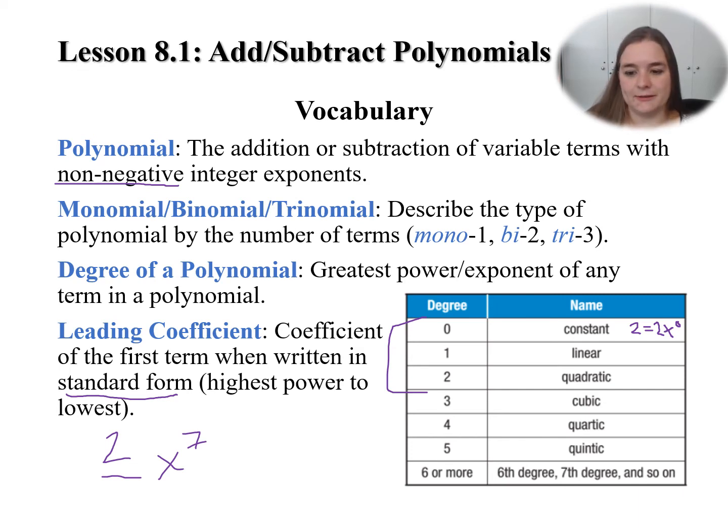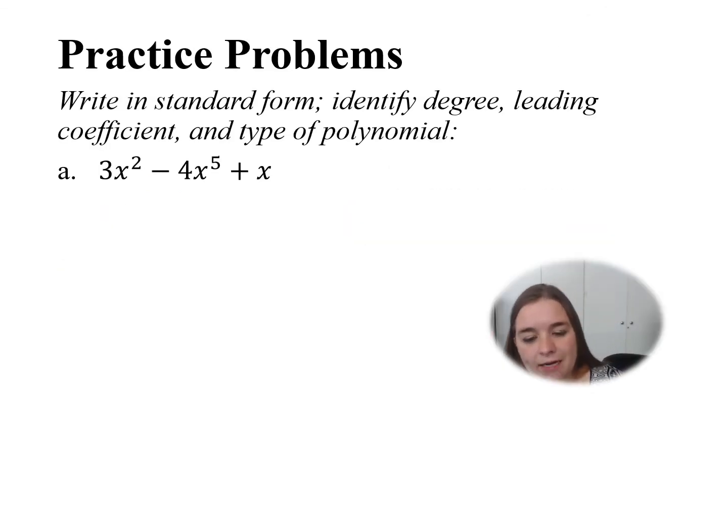So let's practice with this. What I have here is a polynomial, and I have to write it in standard form, identify the degree, the leading coefficient, and the type of polynomial. Standard form means that I need to order it so that I have the highest power first. When I see this, the first thing I want to do is remember where those negative signs are attached.